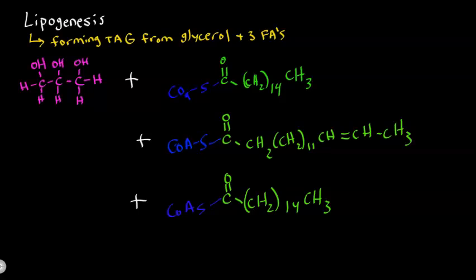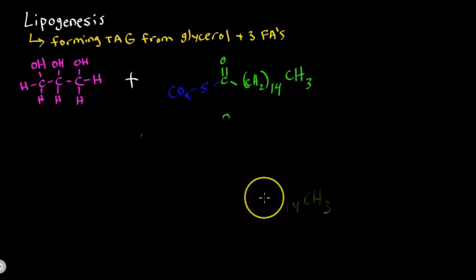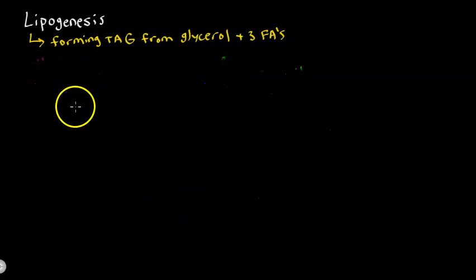Now let's actually look at how this process happens. So the first thing that we're going to do is we're actually going to start with glycerol. So let me actually erase this. So the first of the 2 ingredients is glycerol, and we absolutely need glycerol to form the triacylglyceride, right? It's in the name. So how are we actually going to form it?